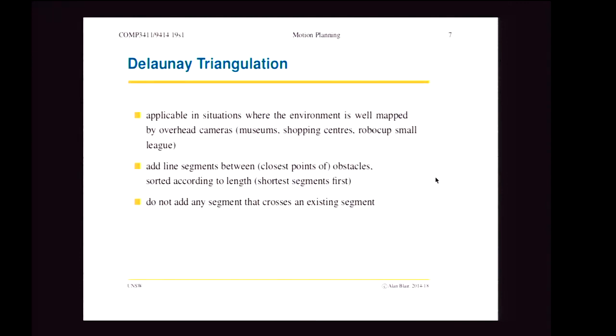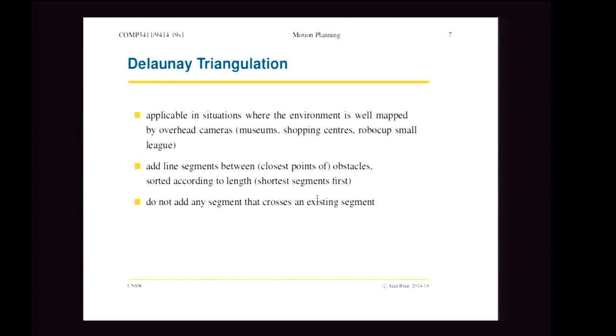If there are n vertices, then there are n squared over 2 possible edges. So I consider every possible edge between one vertex and another, but I just add them one by one according to the length.